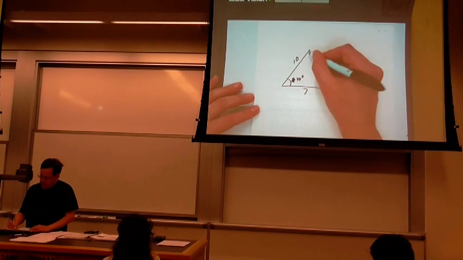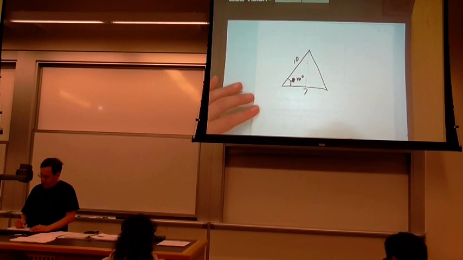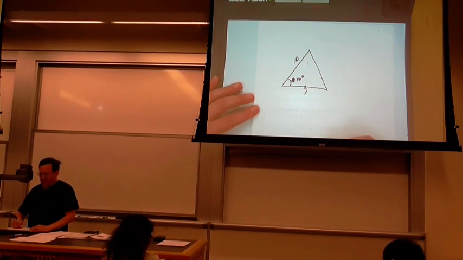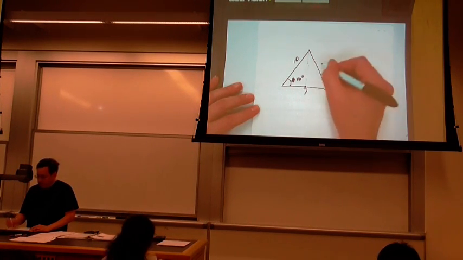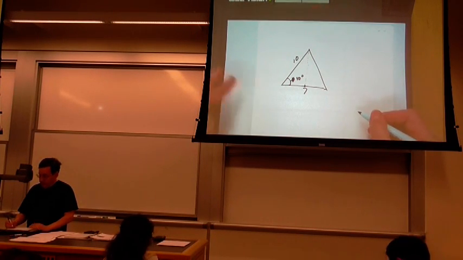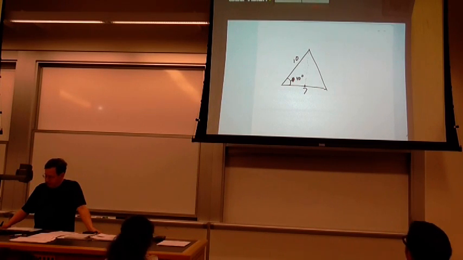Well, we drop an altitude, but we don't really know where it drops to, right? So that doesn't really help much. We can't use the Pythagorean theorem, right? Because we don't have a right triangle. We're a little stuck right now.